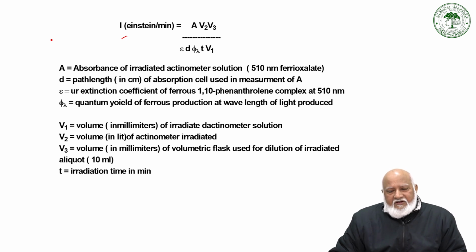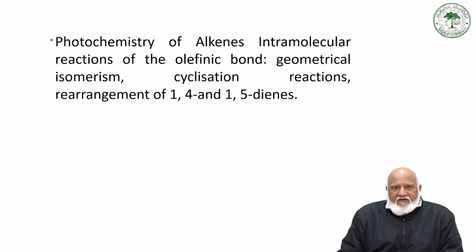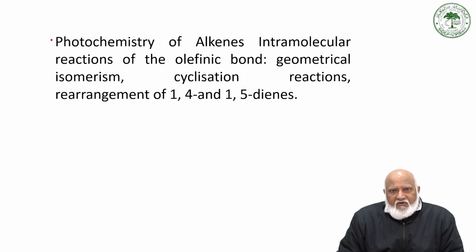Now onwards, in the follow-up lectures, I am going to concentrate more on organic photochemistry, the different photochemical reactions exhibited by different chromophores such as alkenes, carbonyl compounds, alpha beta unsaturated compounds, aromatic compounds, some named photochemical reactions, and so on and so forth.